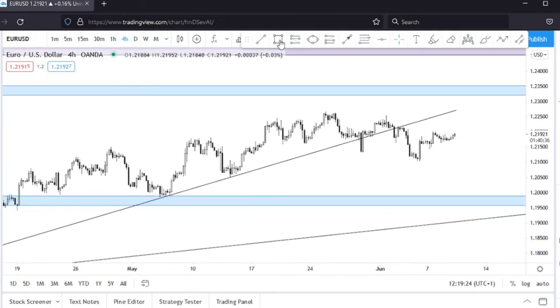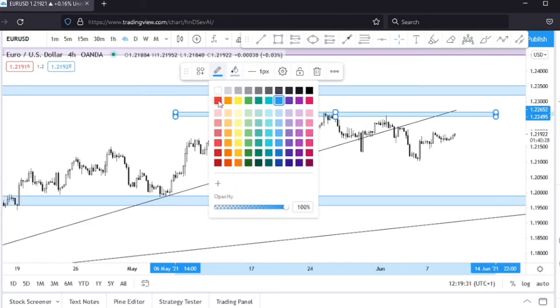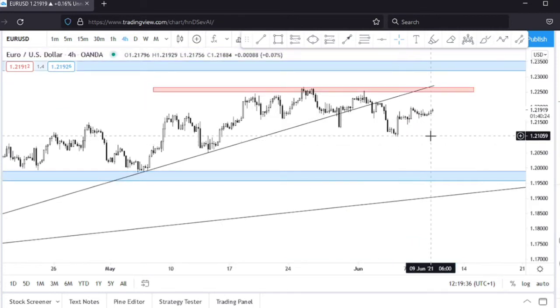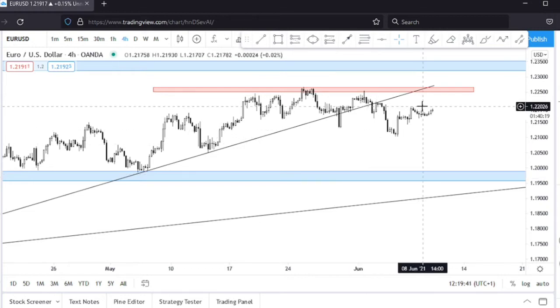On 4-hour we can also plot our resistance level over here, represented by red. Great. And we'll look for our support level.